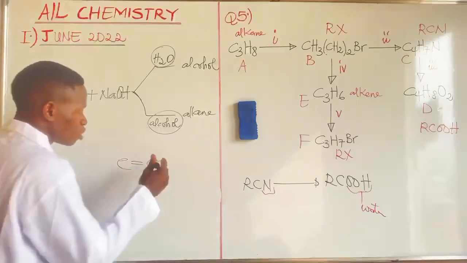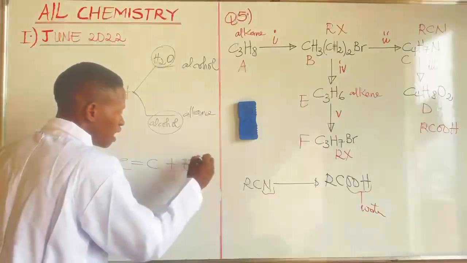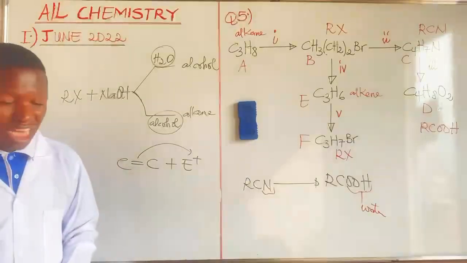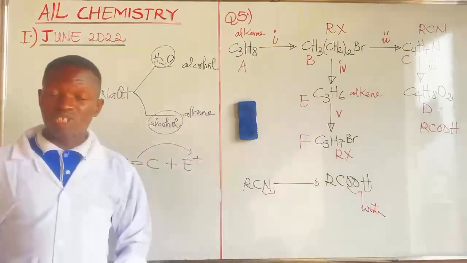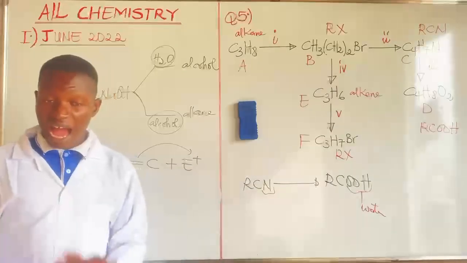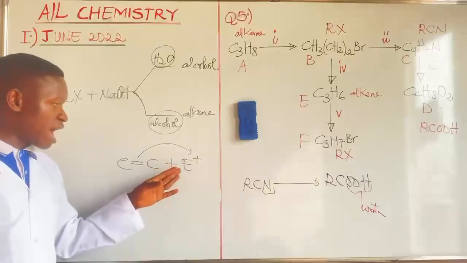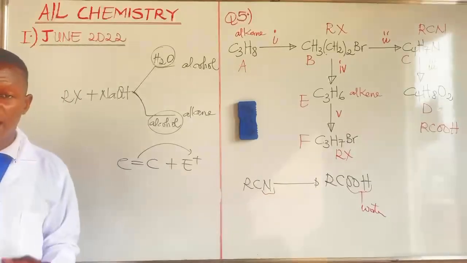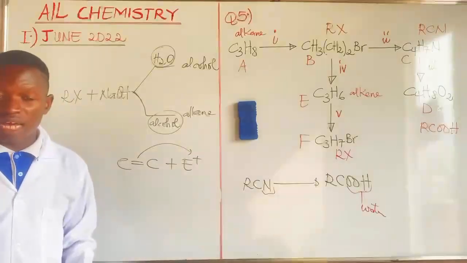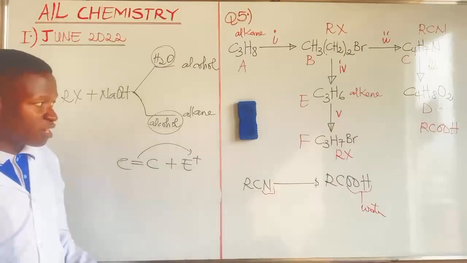So this double bond will easily be attacked by electrophiles. So the mechanism there is called electrophilic addition, because the attacking reagent is an electrophile. Why an electrophile? Because the compound has an electron-rich center.